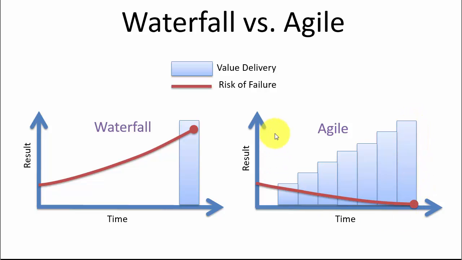In this way, the risk of failure is very low when you deliver the final software, because during the development time you create new releases or iterations and show them or deploy them to the customer, so the customer knows what you actually are developing.